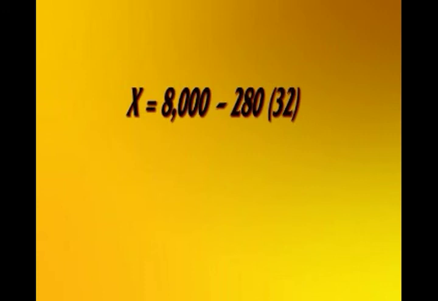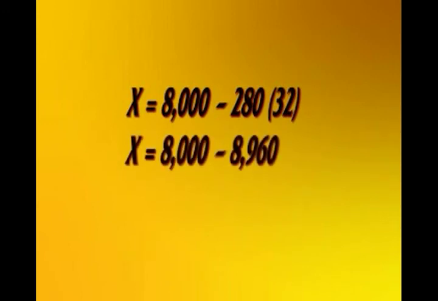So we multiply 280 by 32. Then x is equal to 8,000 minus 8,960. Thus, x is equal to negative 960. The budget will be short by 960 pesos. This is indicated by the negative sign.